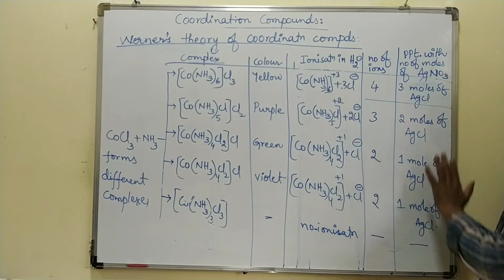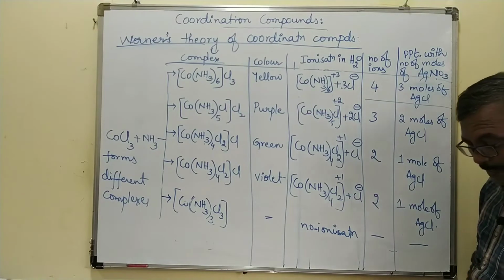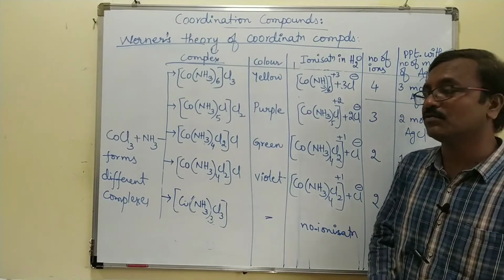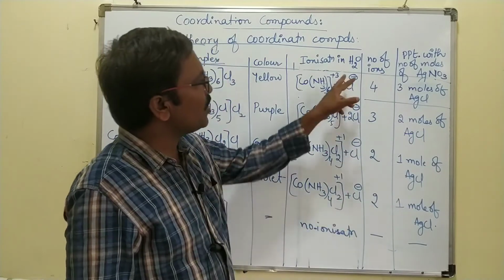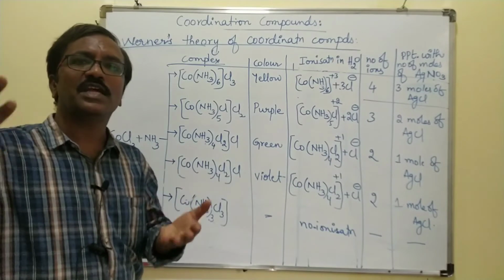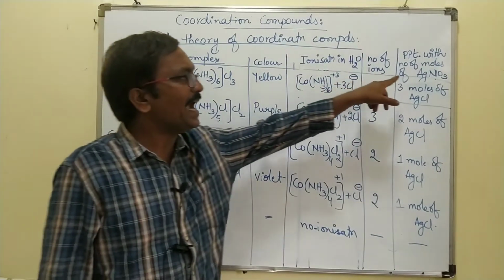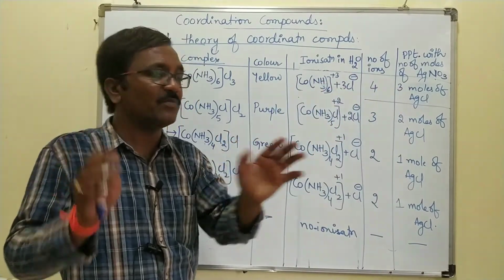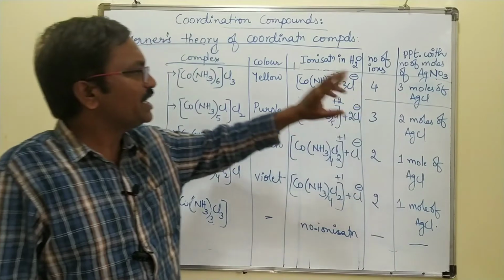So why did he do this type of addition of AgNO3? Because he wants to know how many chlorides are outside the ionizable sphere. To know that, he added AgNO3, calculated the amount of AgNO3 based on formation of AgCl.